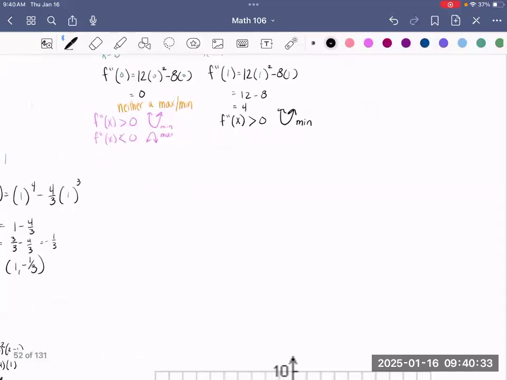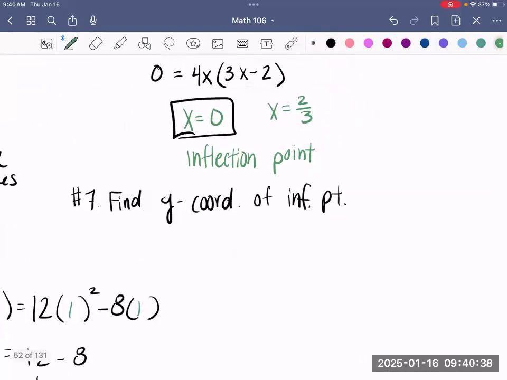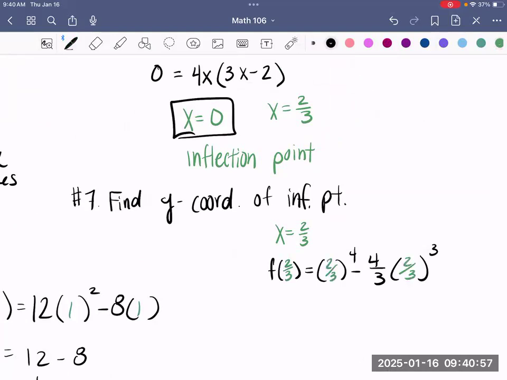But now we have to test the other one. So when x is equal to 2/3 into your original, which we had f of x is equal to x to the 4th minus 4/3 x cubed, we're plugging in a 2/3 here.